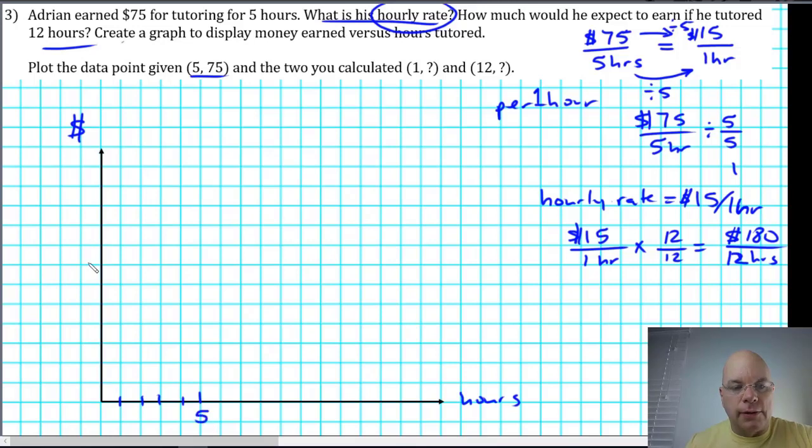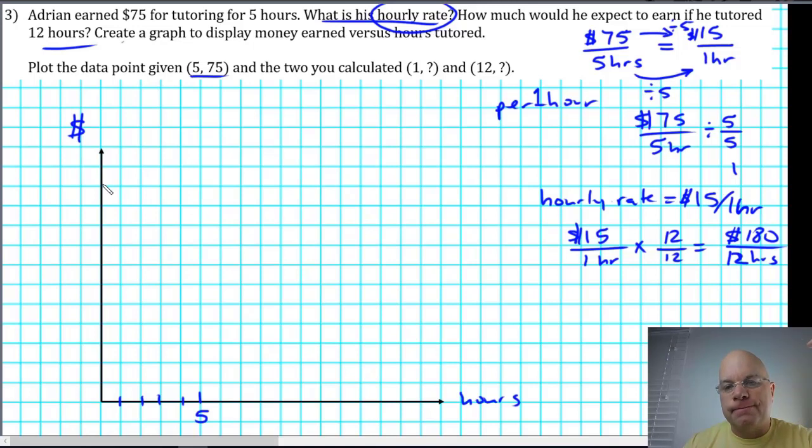In 5 hours, he earned $75. We have to think about the scale of this axis. We know we're going to go all the way up to $180, so depending on how you set yours up. But on mine I have 1, 2, 3, 4, 5, 6, 7, 8, 9, 10, 11, 12. 12 lines to work with. And I have $180.